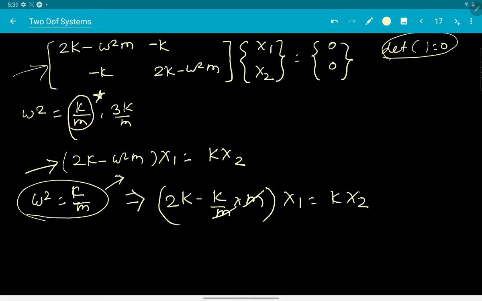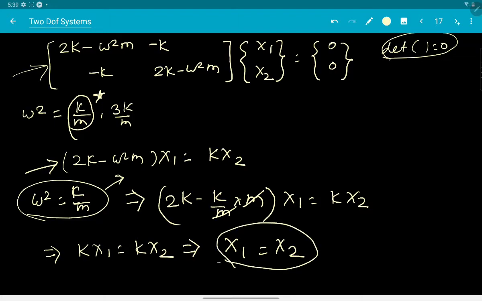m and m will go away. Okay, you have 2k minus k, which essentially means that what you are getting is k x1 is equal to k x2, which essentially tells you that x1 is equal to x2. Okay, so what is this?